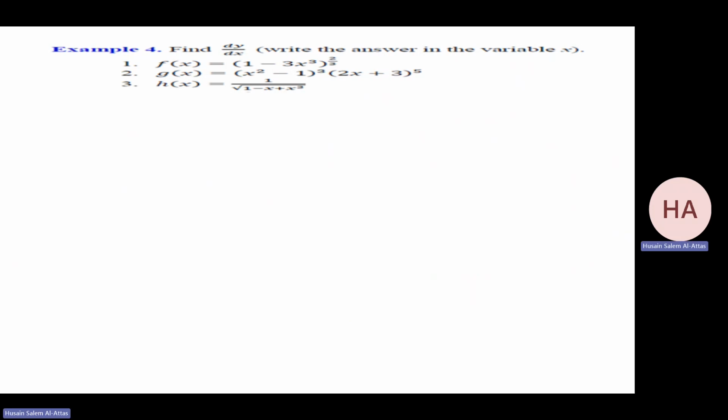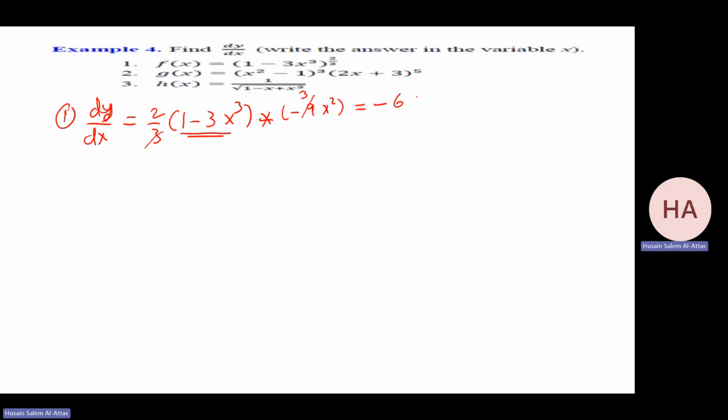Now, using the second, I have the function ready, a function of x. I need to find dy by dx using the chain rule. So dy by dx will be what? This is the power 2 over 3, 1 minus 3x cubed, times the derivative of this, minus 3 times 3, minus 9x squared, which is what? Cancel 9 with this, I have 3 here.